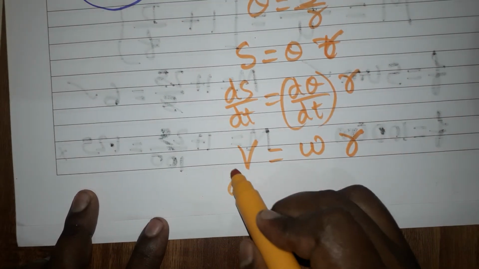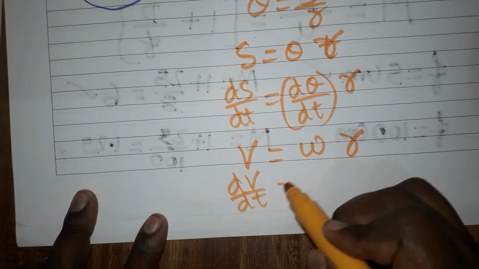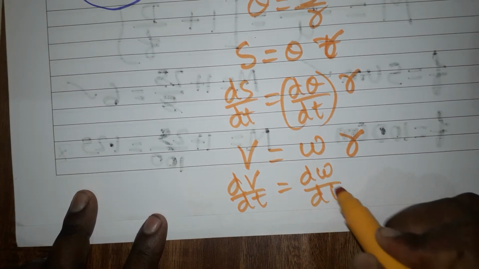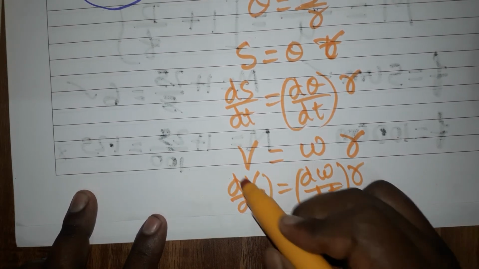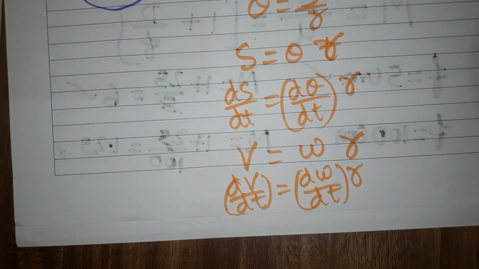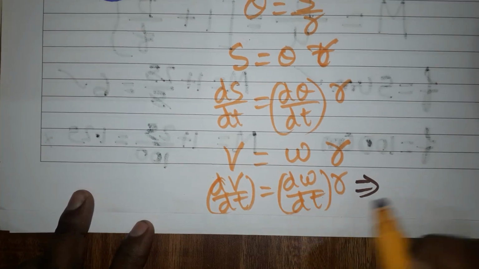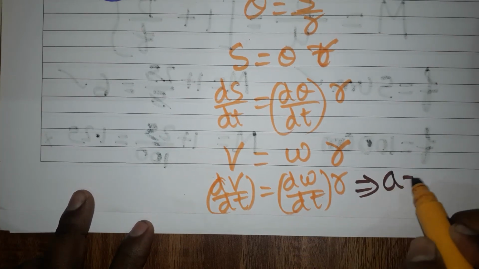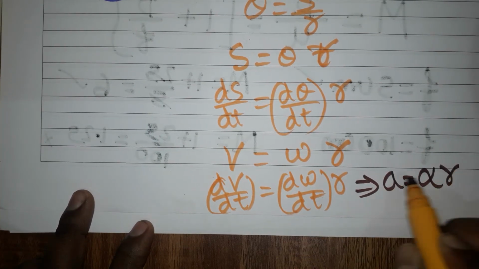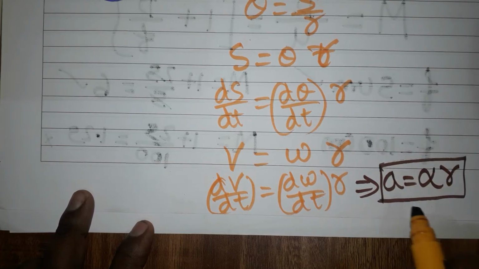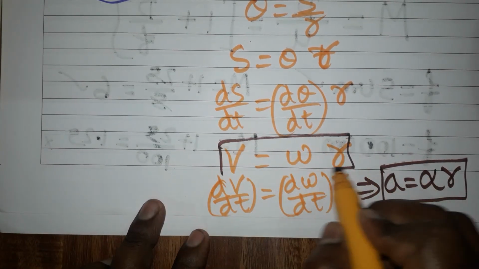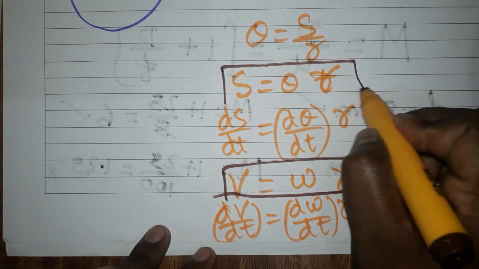Again differentiating, dv by dt equals d omega by dt into r. Velocity by time is acceleration, angular velocity by time is angular acceleration. So a is equal to alpha times r. This is the relation between linear motion and rotational motion, which I am going to use.